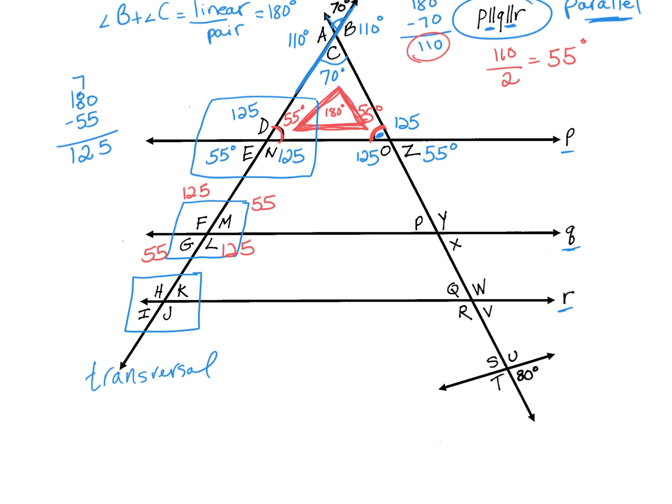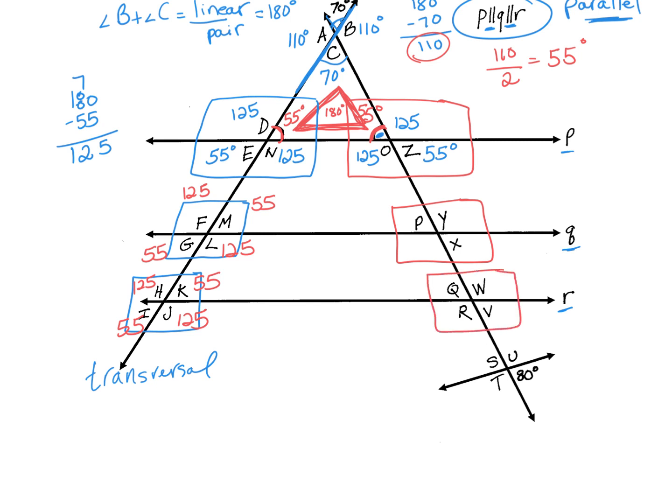And R is also parallel, so this is 125, this is 55, 125, 55. When the lines are parallel, we are literally just taking the angles on one parallel line and copying and pasting them into the remaining angles.